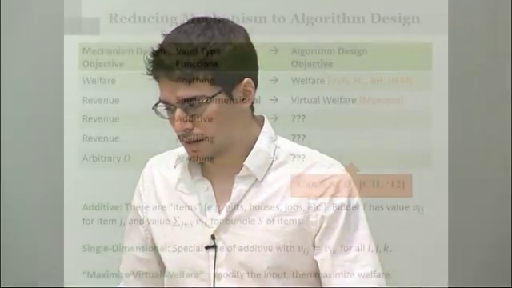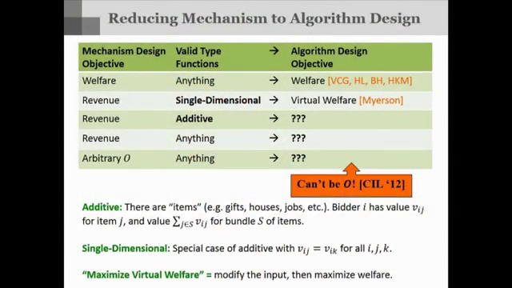Okay? In fact, the only thing we do know is an impossibility result that says that it's not possible to reduce truthfully optimizing any objective to algorithmically optimizing that same objective. In particular, no reduction like this can possibly exist for minimizing makespan.